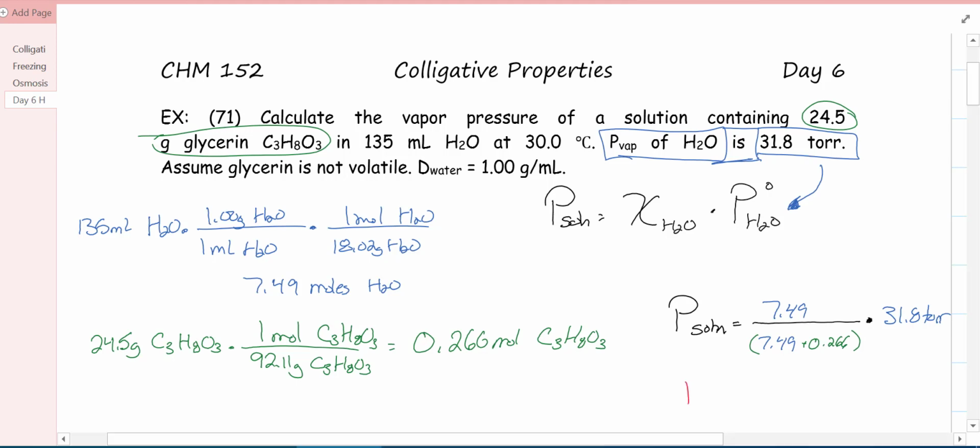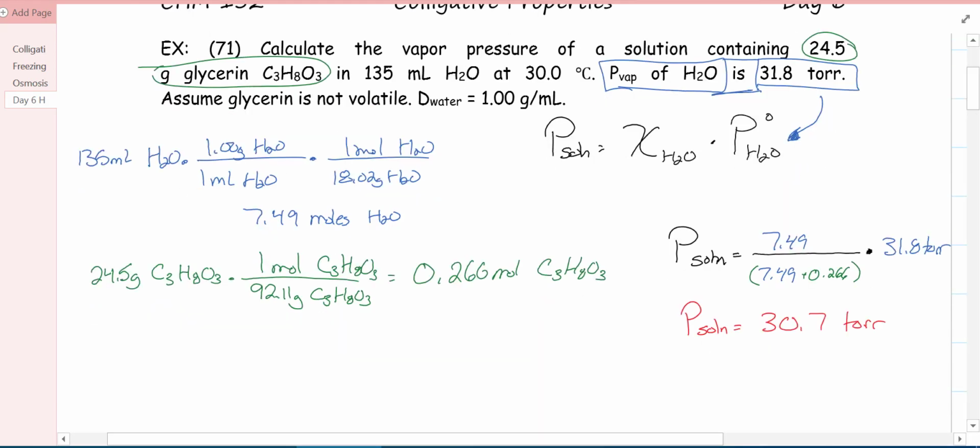So that means my pressure of my solution of water here would be 30.7. Which makes sense because it's mostly water, right? I mean, 7.5 out of basically, let's call it 8 moles, right? It's mostly water, so that kind of makes a lot of sense.